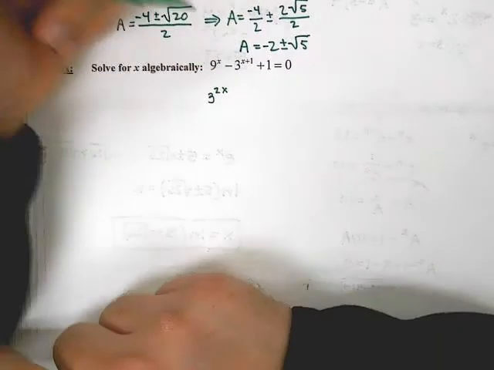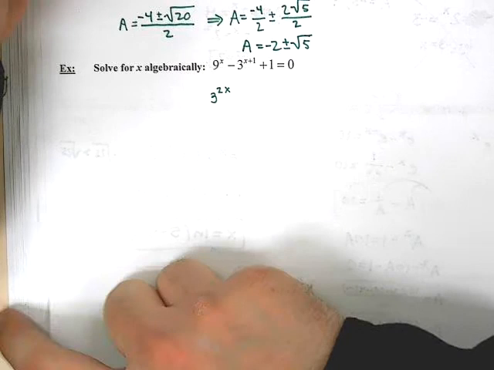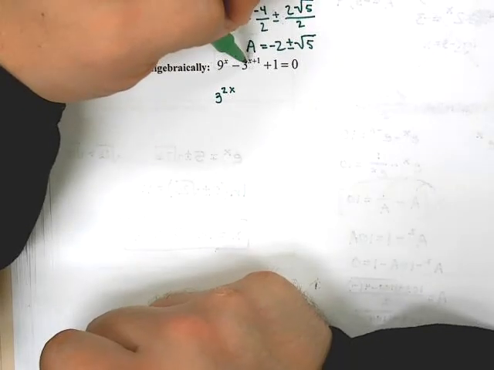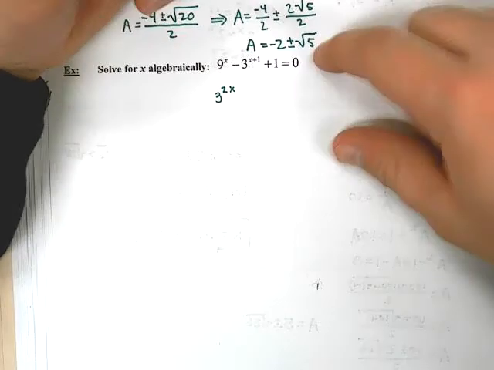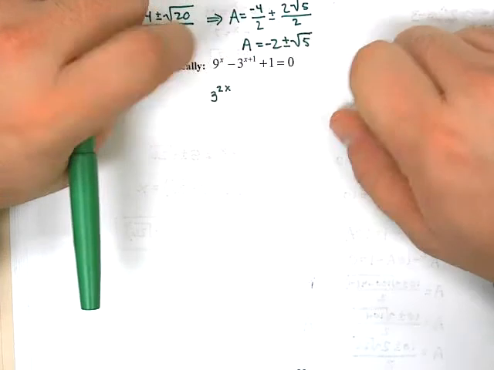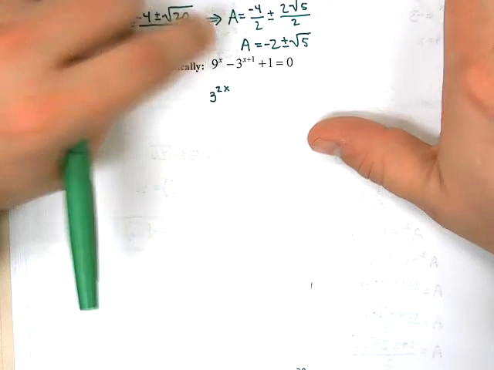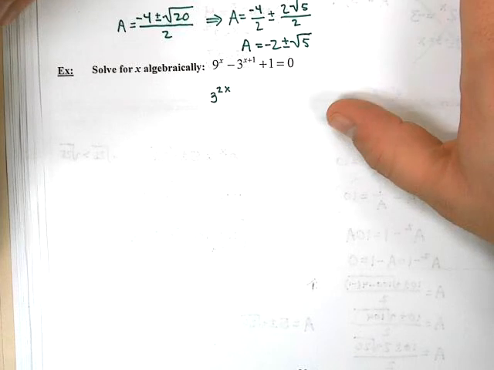This is where I'm nervous. I'm nervous because I just need you guys to remember your exponent rules. If you have 3 to the x plus 1, you need to be able to go backwards and say, if I see a single exponential with addition in the exponent, well, I can separate that using multiplication.